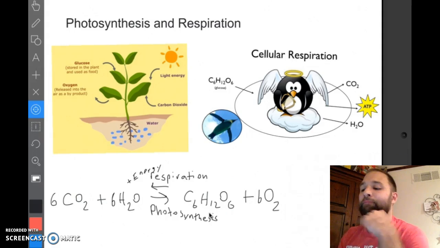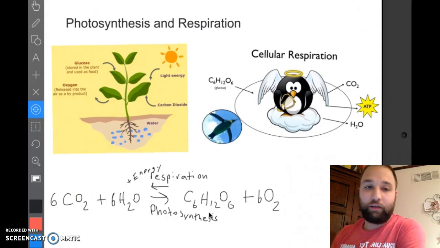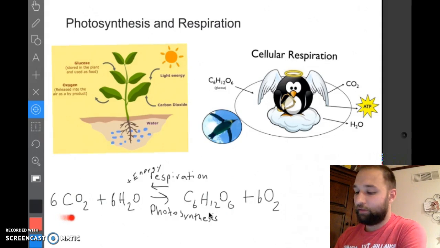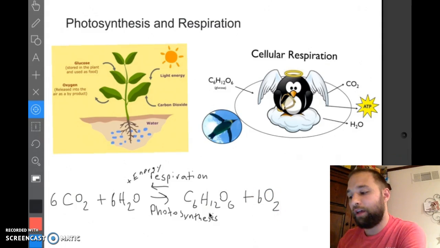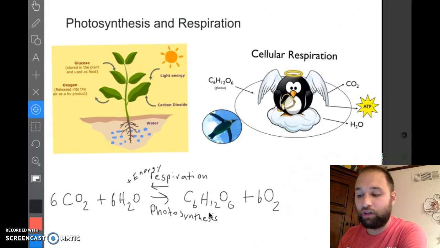So you can see from this equation, 6 CO2, 6 H2O plus energy gives us glucose and oxygen. And again, plants do this. Now respiration, which is mostly what this unit is going to talk about. The equation for respiration is basically the same equation, but going in the other direction.